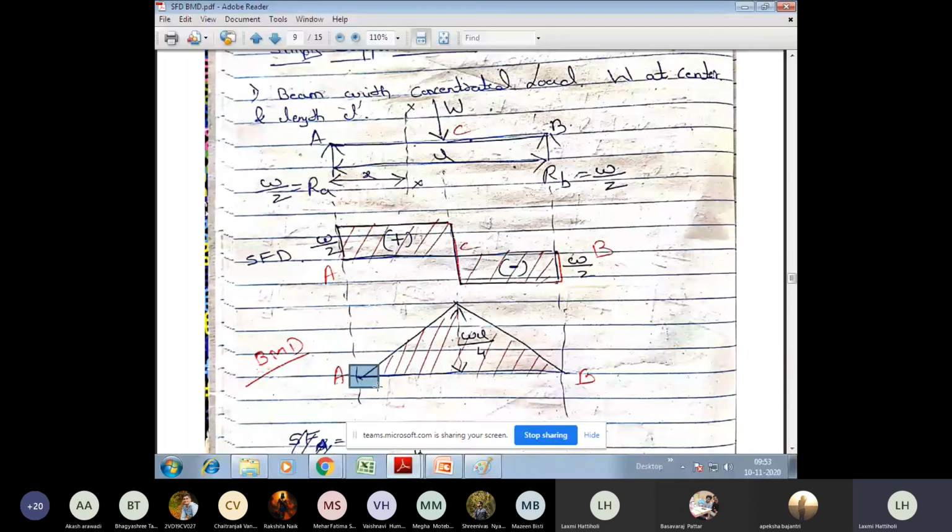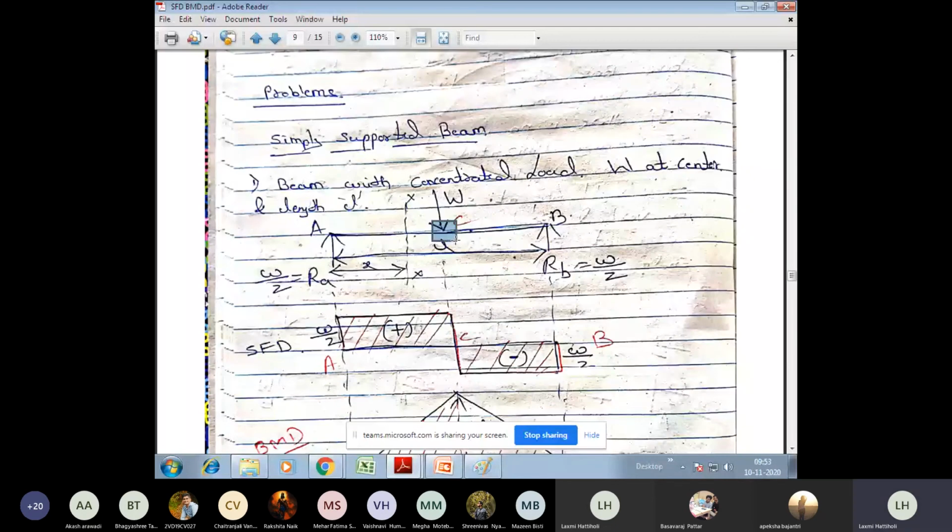Next, come to the point C. Once again, observe the left portion. How many forces do you have? You have only one force, RA. And you also have this W. But what is the bending moment effect of W on the point C? It is 0.